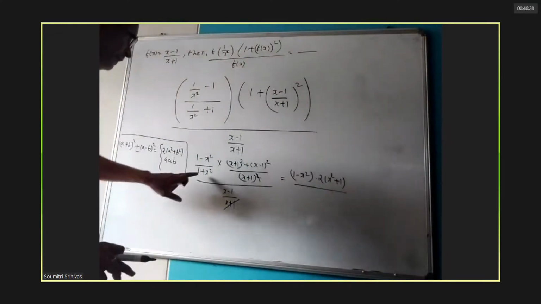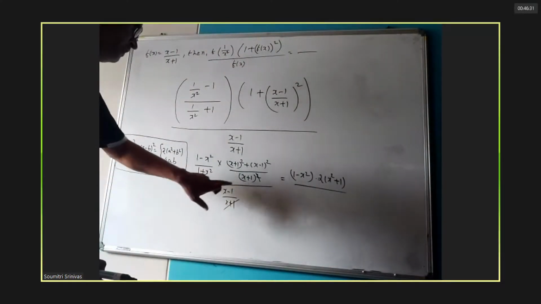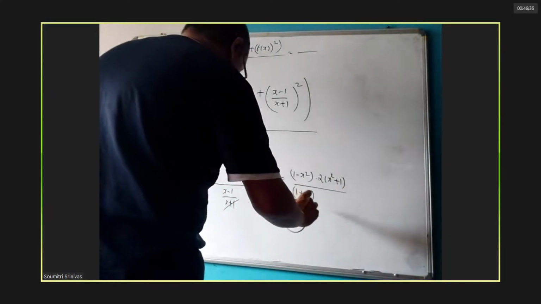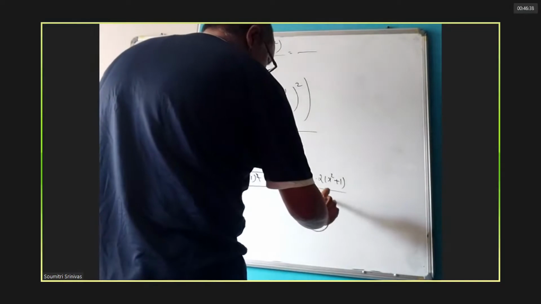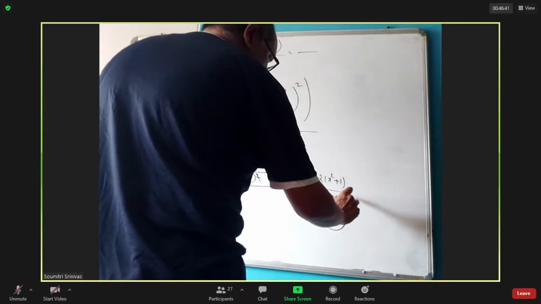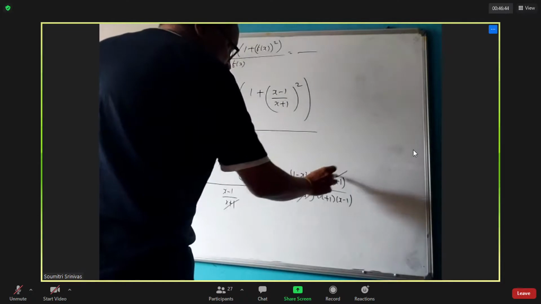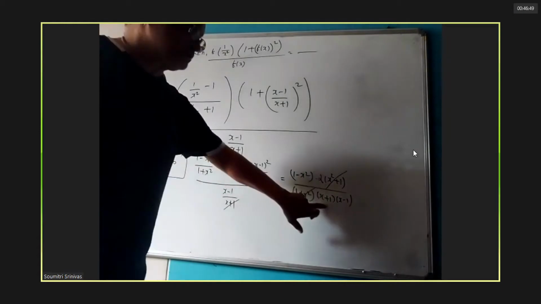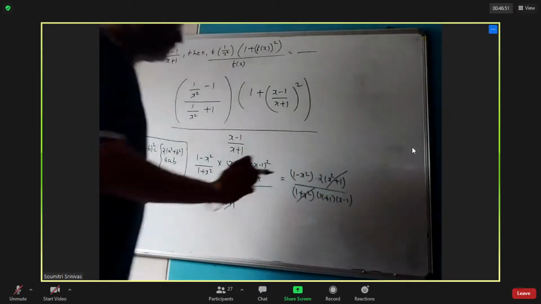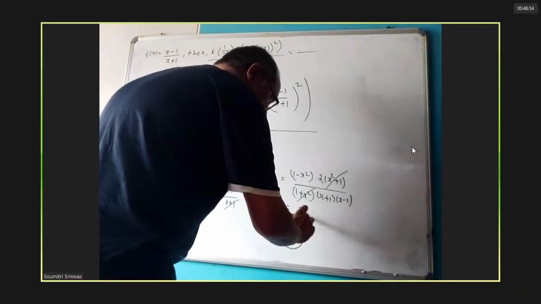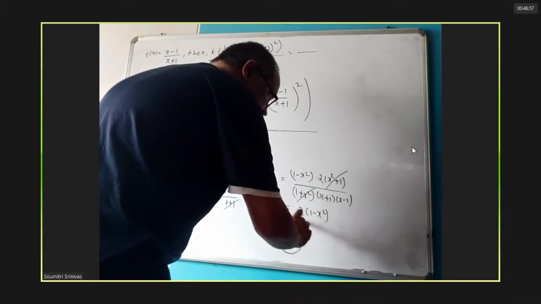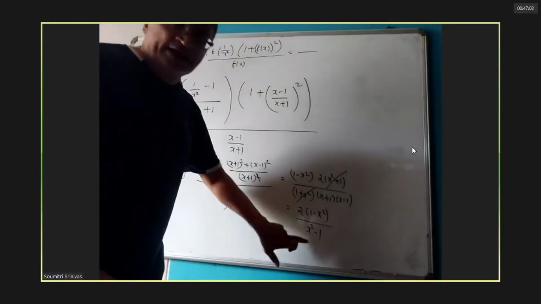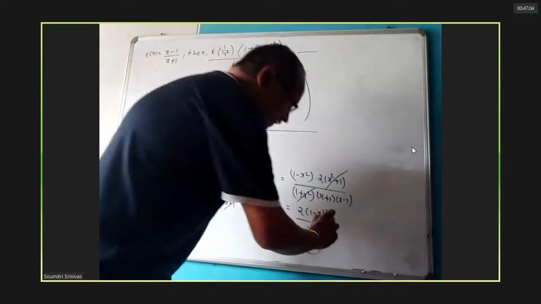Denominator, what remains? 1 plus x square, x plus 1, x minus 1. 1 plus x square will cancel off. Agreed? x plus 1 into x minus 1 is x square minus 1, so 2 into 1 minus x square by x square minus 1. For these two to get cancelled, you should take a minus sign common. Hence, what's the answer?